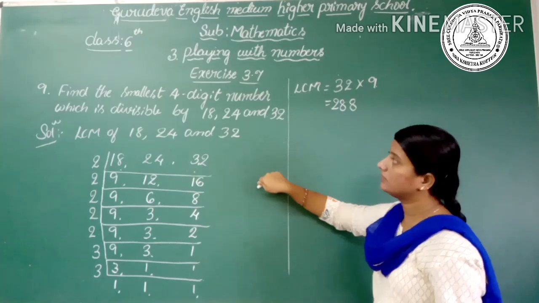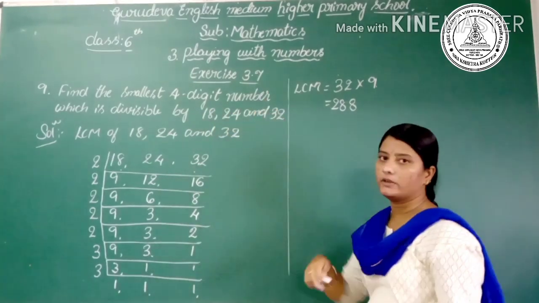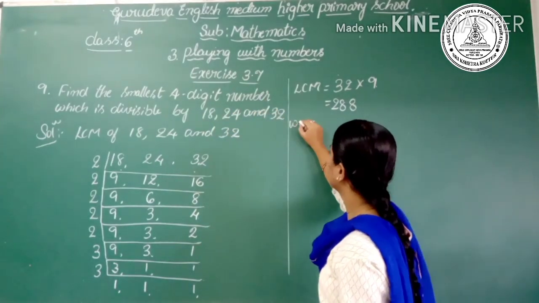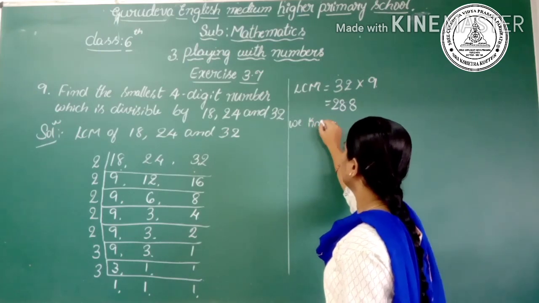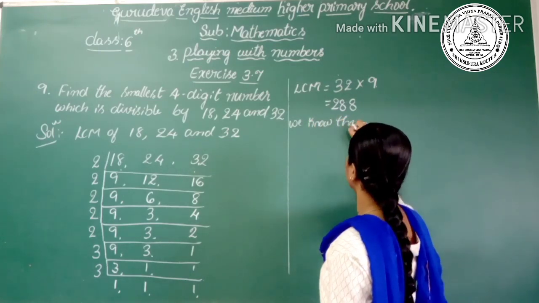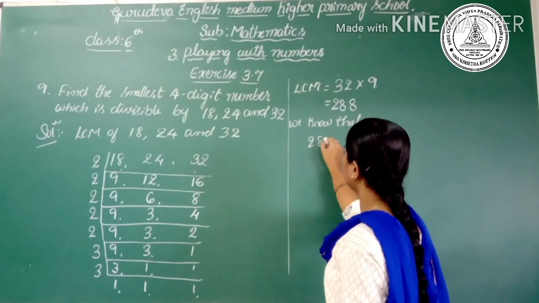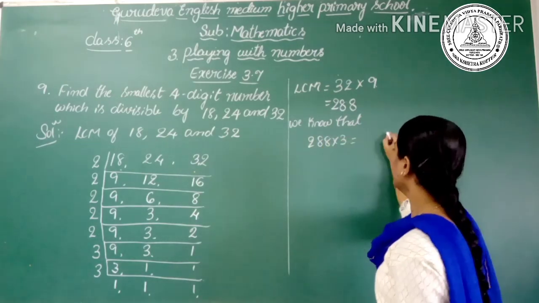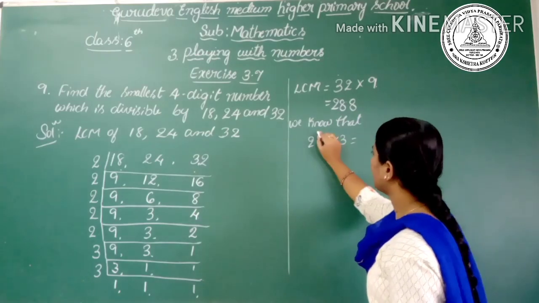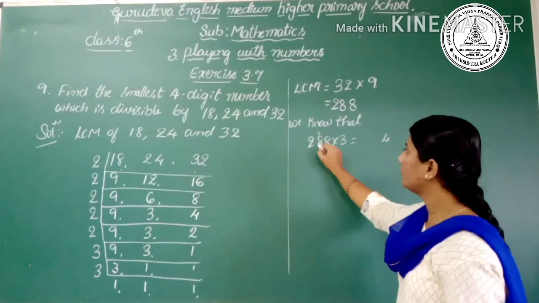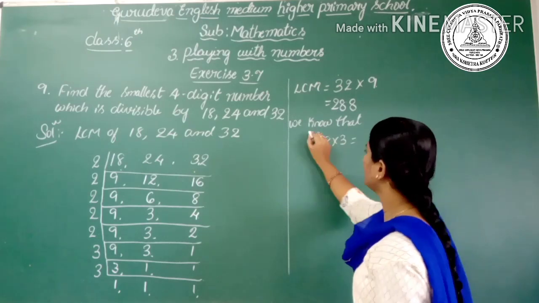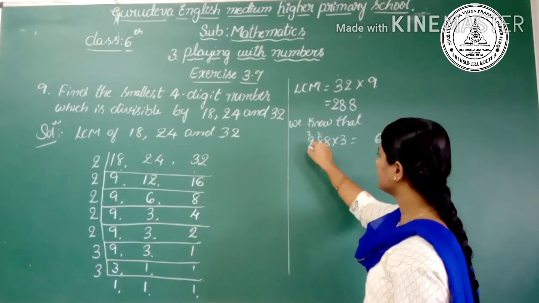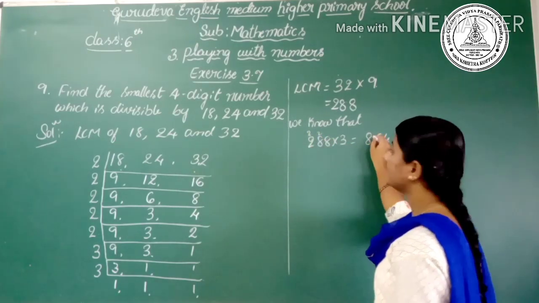But they are asking for the smallest 4-digit number. So 288 into 3, let's check here. 8 3s are 24, carry 2. 8 3s are 24, 24 plus 2 is 26, again carry 2. 3 2s are 6, 6 plus 2 is 8. 864.